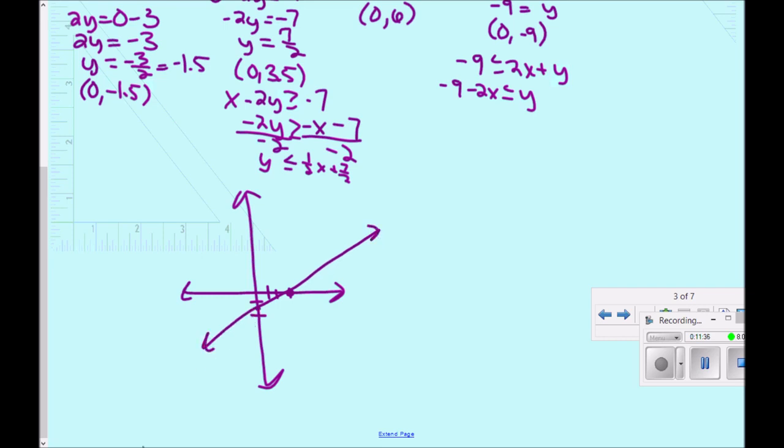And that one we said is above. The next one we said 0, 3.5. And we said negative 7, 0. And we said on that one that it is below.